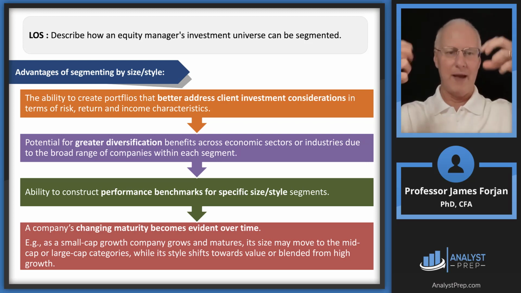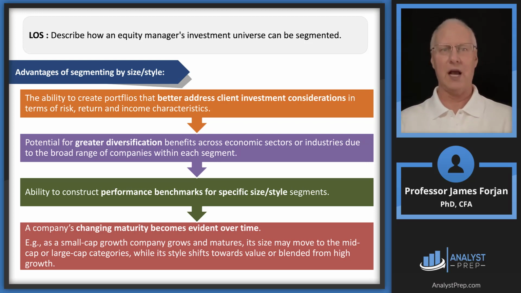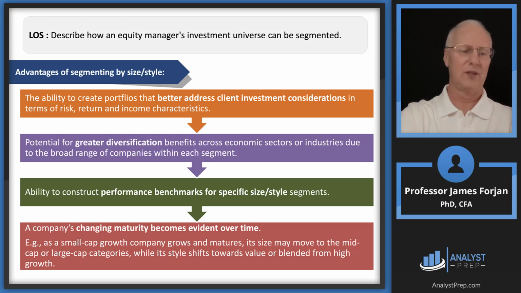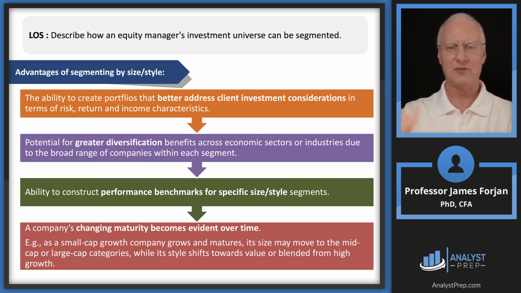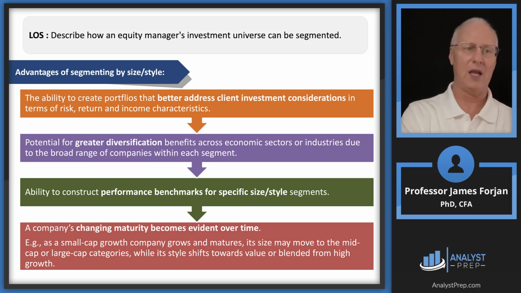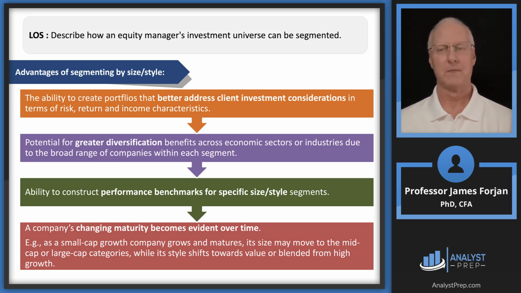But if you pull them out and put them into different kinds of boxes or segments, then you can say, oh, I have a client here who has this liquidity, this tax, this style preference, a daughter who's going to college, or getting married in 370 days. I have this, and you can reach into that segment and say, oh, here are 6 firms in that segment. Let me find the best firm.